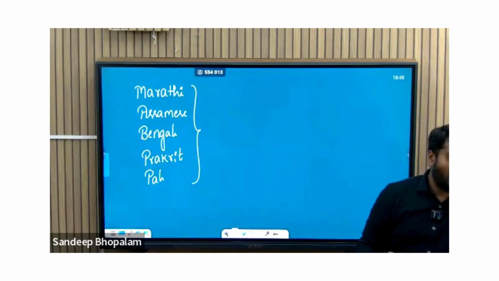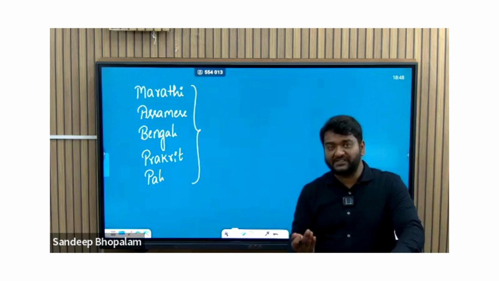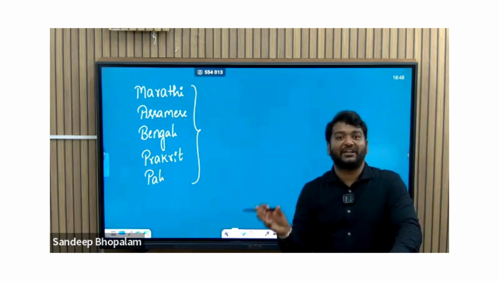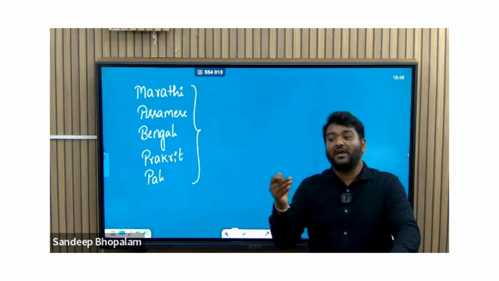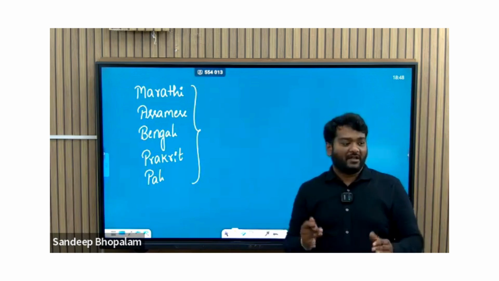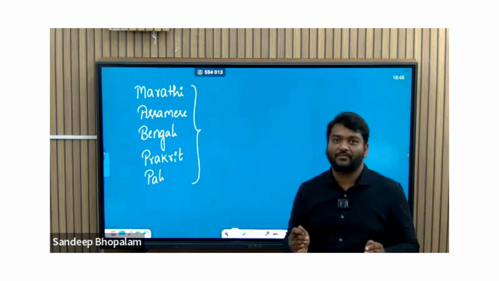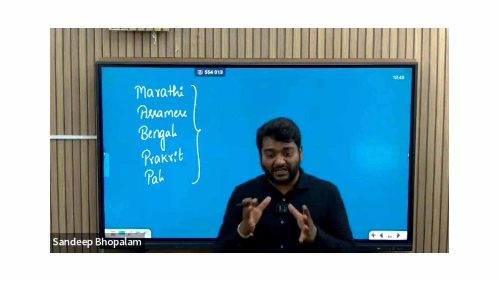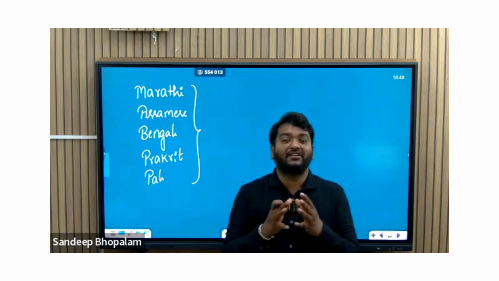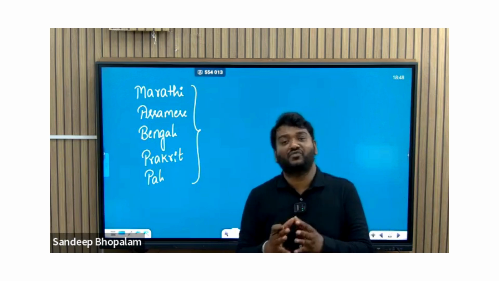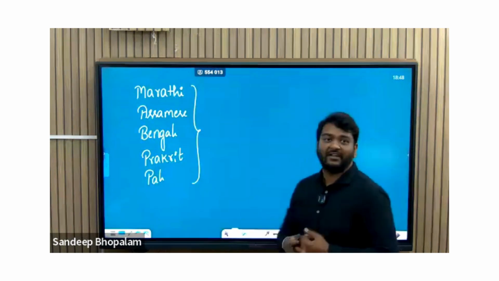So there will be some benefits with respect to classical language. The language will be preserved, protected, and progress will be there. That is the reason these are very, very essential. The moment you give classical language status, the language protection will be taken care of by the central government and additional funds will come. That is the reason it is very, very essential.